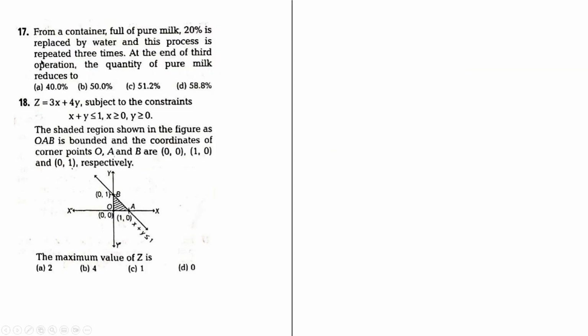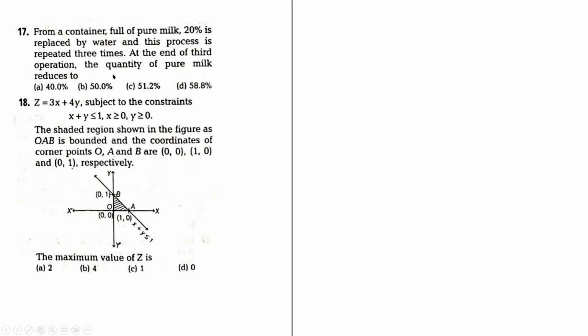Next question. From a container full of pure milk, 20% is replaced by water, and this process is repeated 3 times. At the end of third operation, the quantity of pure milk reduces to. So here we can see that from a container full of pure milk, 20% is replaced by water, and this is repeated 3 times.